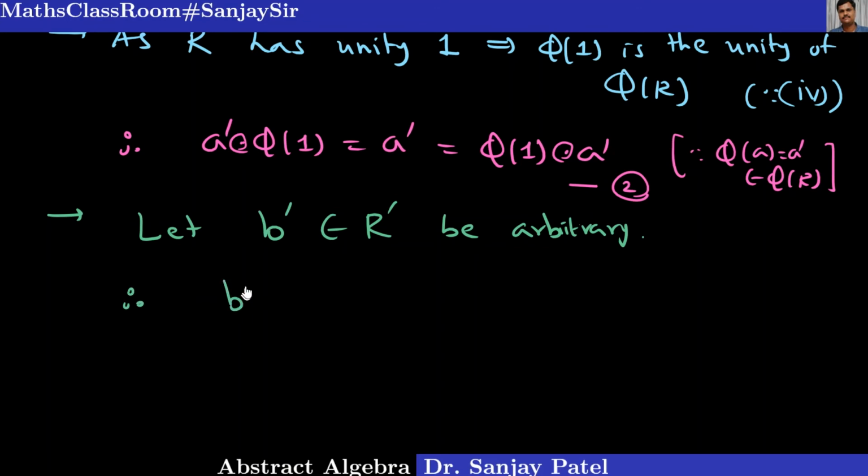b' into a', that is b' into, rather this into is dot circle, into say a' dot circle phi of 1. Remember, all these a', b', phi of 1 are elements of the codomain ring. In this result we are given that the codomain is an integral domain and therefore it is a commutative ring.